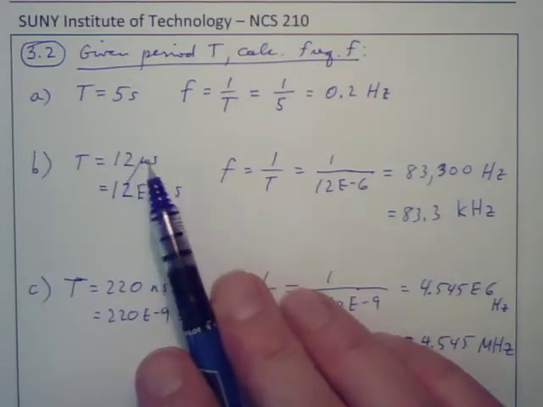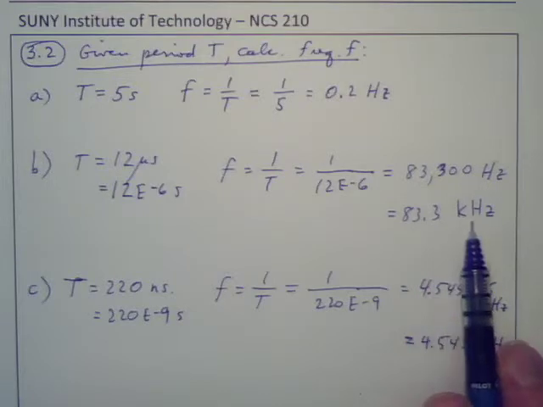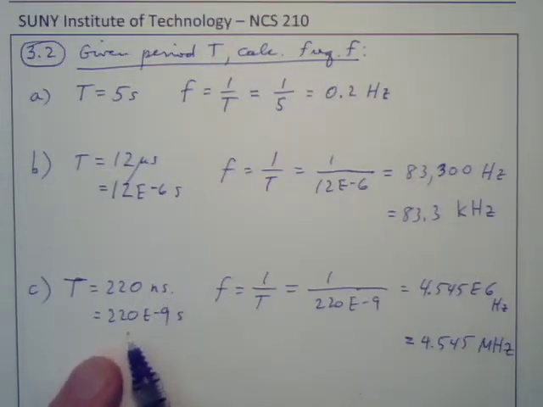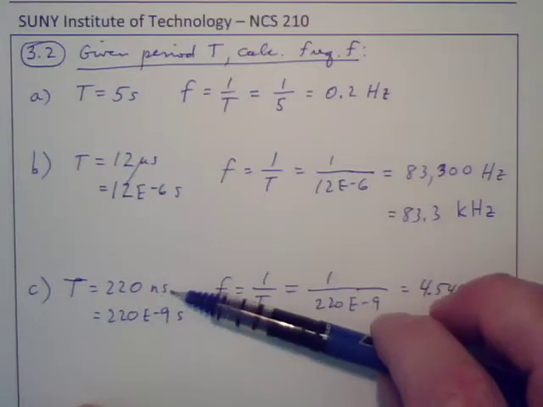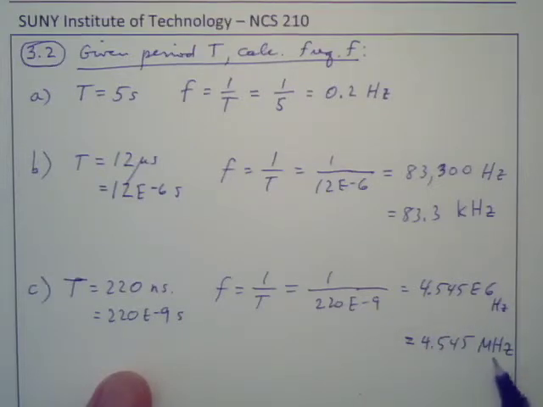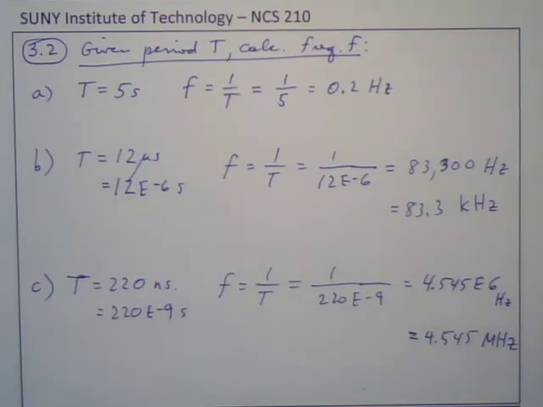Something like 10 microseconds would give me 100 kilohertz. Here I have an even shorter period, so I better get a higher frequency. Here I had a period in microseconds, here I have nanoseconds, so I better get a higher frequency for part C than for part B, and indeed I get megahertz rather than kilohertz. So it checks out.